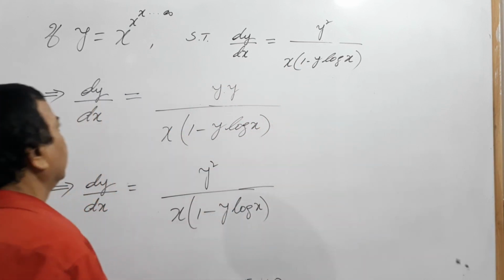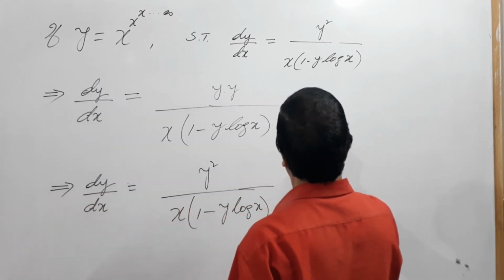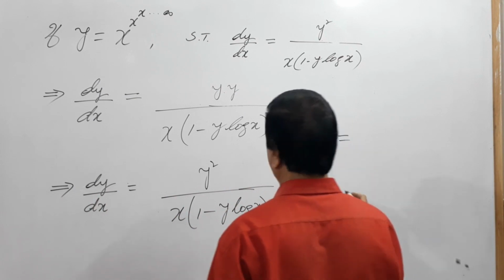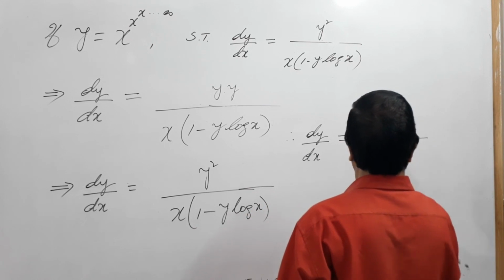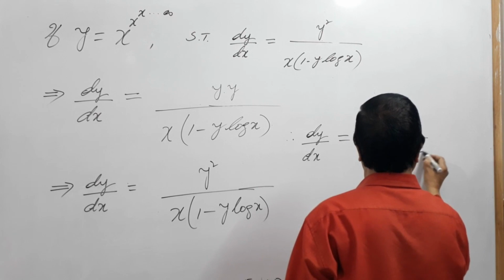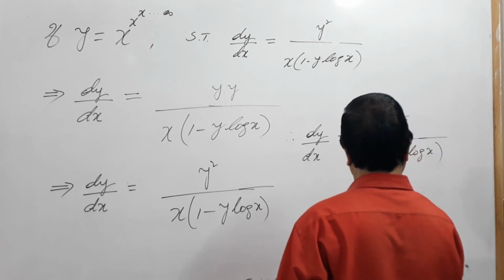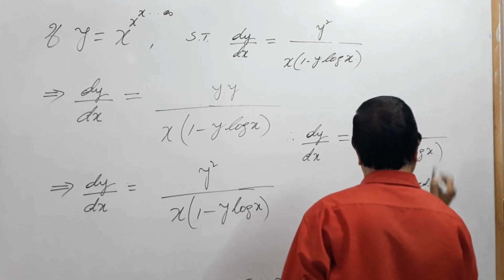You have got it. Hence, therefore, dy by dx equals y square by x into 1 minus y log x. Hence proved.